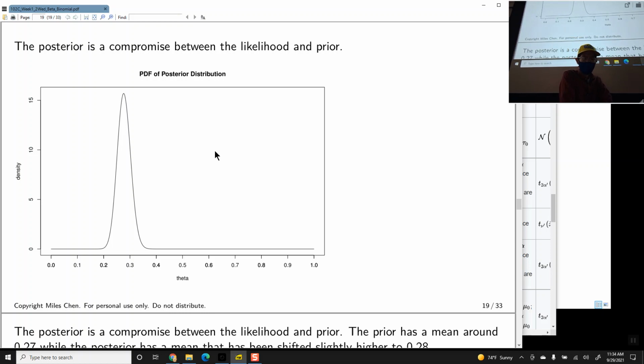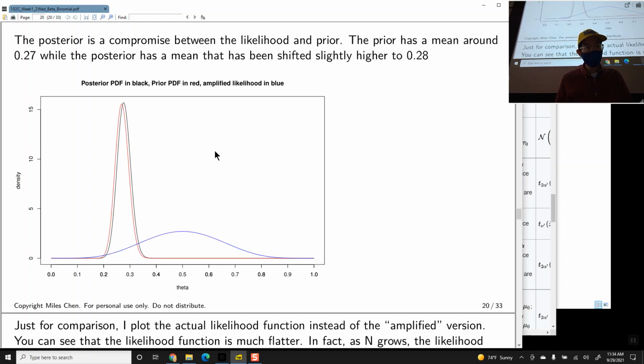The posterior ends up being a compromise between the likelihood and the prior. And you look at this and you go, oh, that looks exactly like the prior. If I put all three together on the same plot, you'll see that it has actually shifted over a tiny bit. So this blue line is the likelihood, but put on the same scale, where if we were to take the area of this blue function, it would have an area of 1.